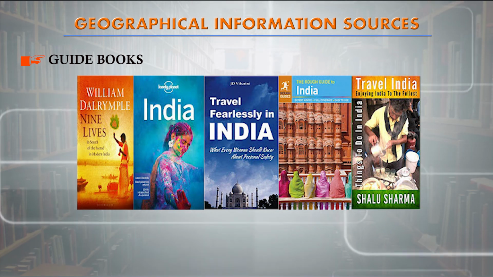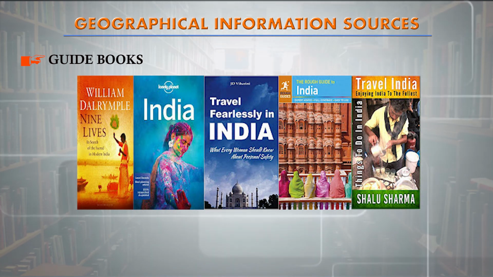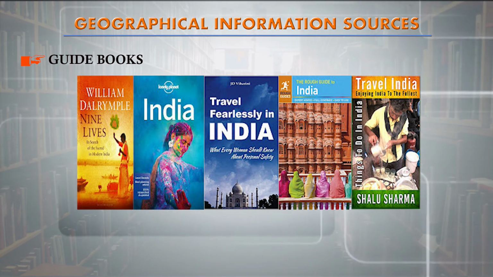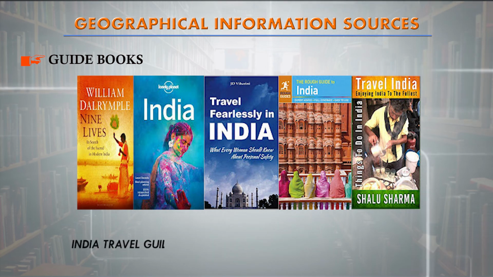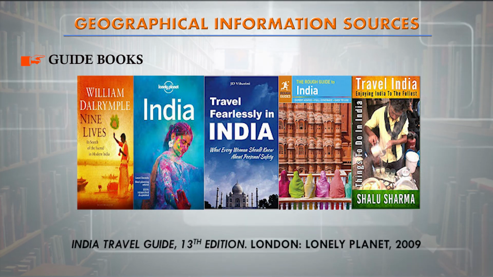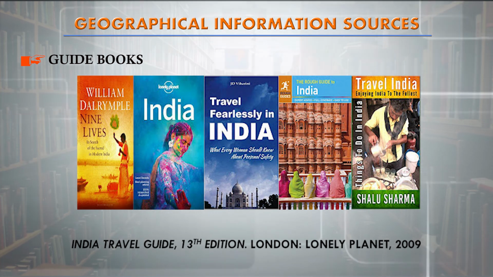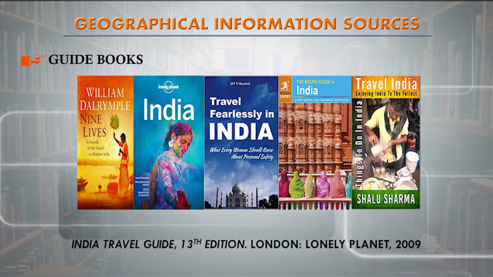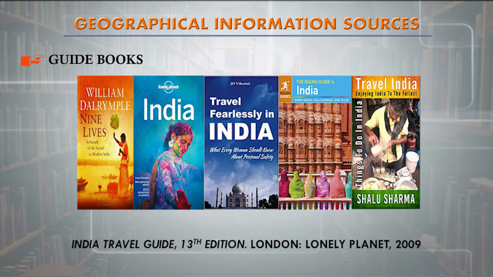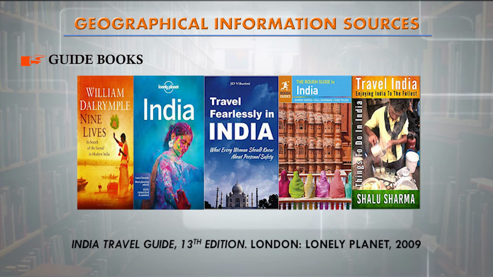These are primarily intended for travelers. They provide geographical facts plus maps also. For example, Great Lakes Guidebook, and the Indian travel guide, Fodor's India. These are famous travel guides which provide information about tourist places.